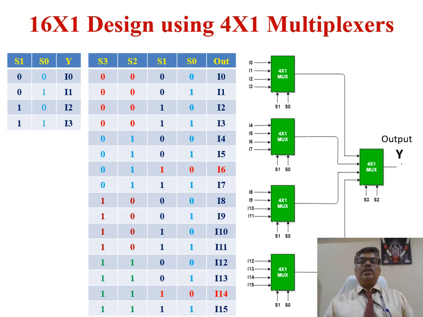The selection lines of the lower order 4 by 1 multiplexers are S0 and S1, and the higher selection lines are S2 and S3.